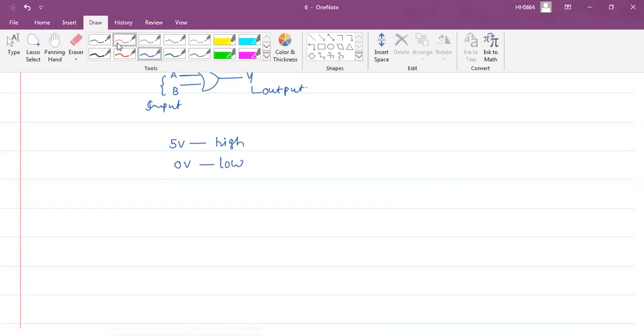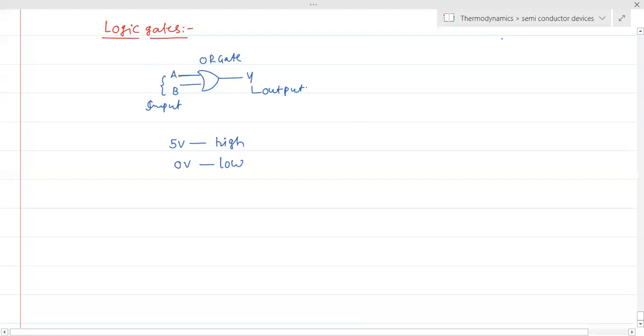And here we will explain everything on the basis of Boolean expressions. While applying the Boolean expressions, we will use the binary numbers 0 and 1, where 5 volts is called 1, and 0 volts is called 0.